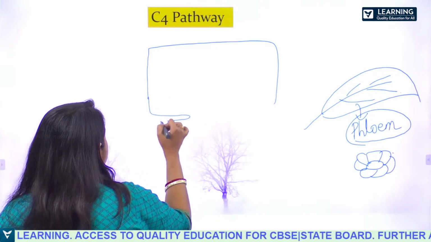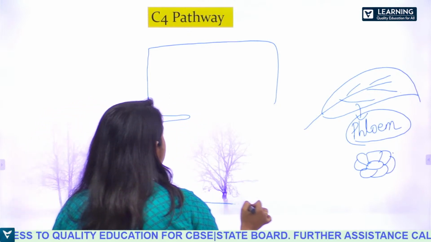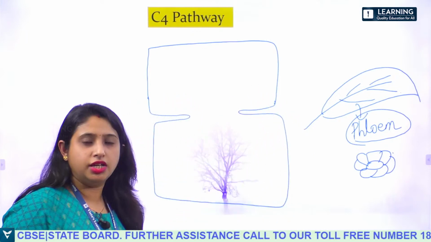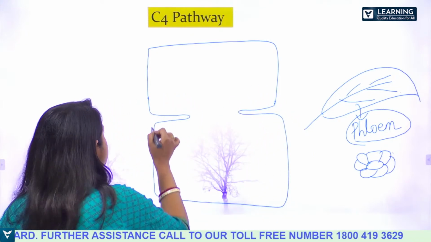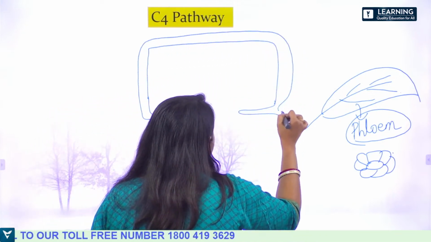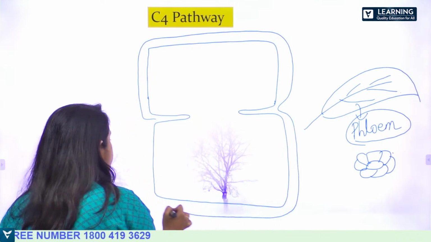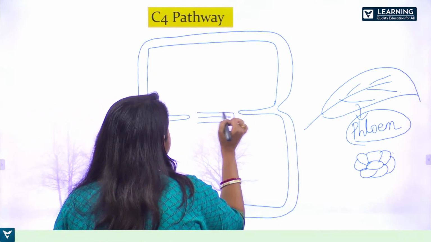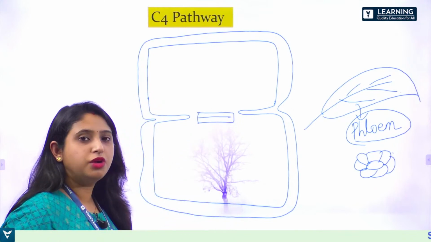What are the two cells? One is the mesophyll cell and another one is the bundle sheath cell. The mesophyll and bundle sheath cells are connected together with the help of plasmodesmata. See here, this is the plasmodesmata.